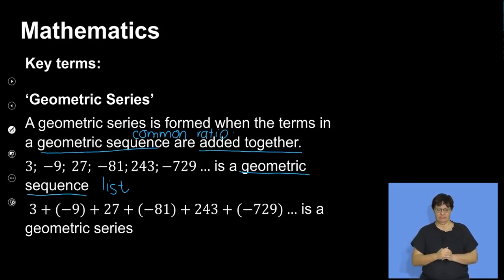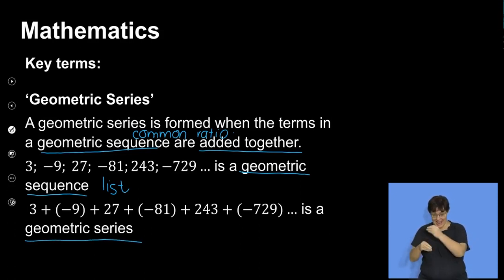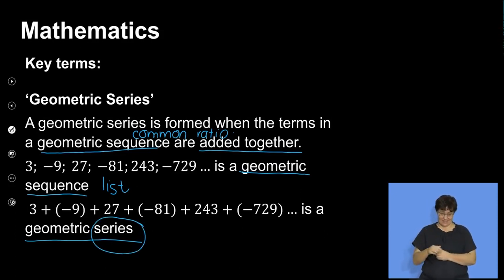But underneath that, you can see 3 + (-9) + 27 + (-81) + 243 + (-729) is a geometric series. It is a series because I am adding the values of the geometric sequence together.